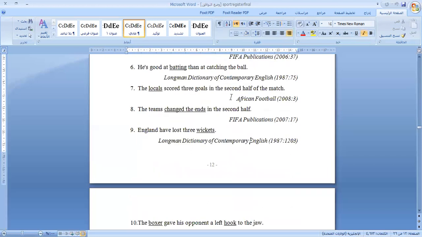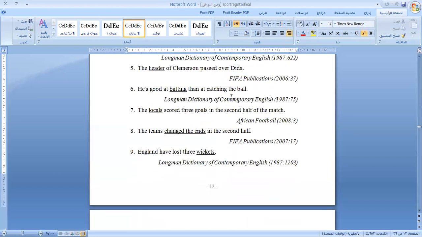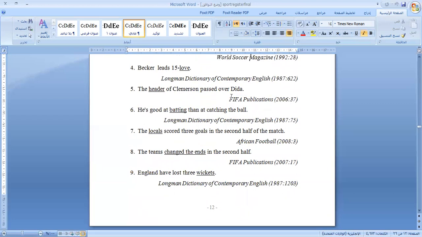Baker leads 15 love. Actually, here love is not the literal rendition, which means حب.